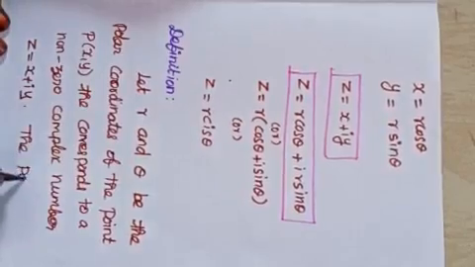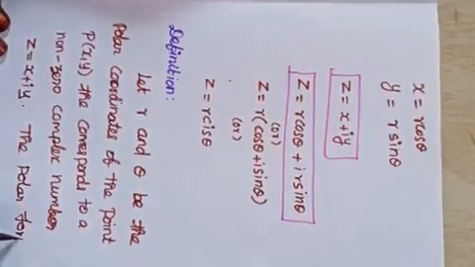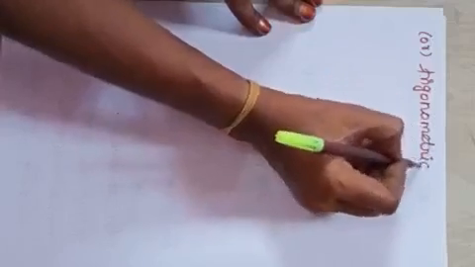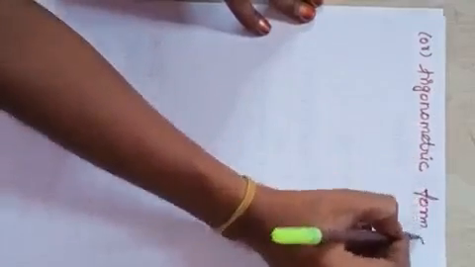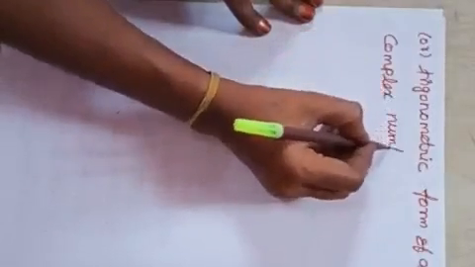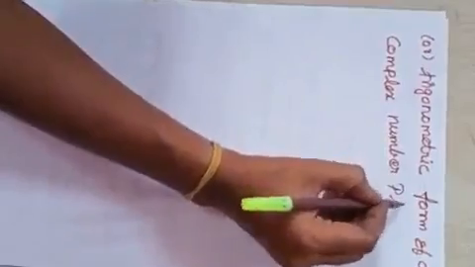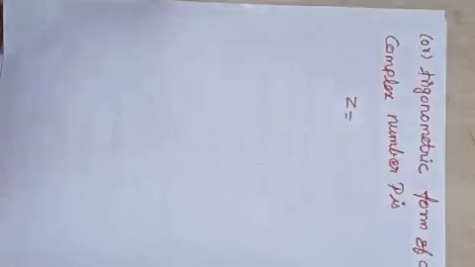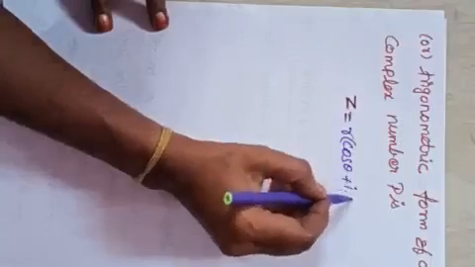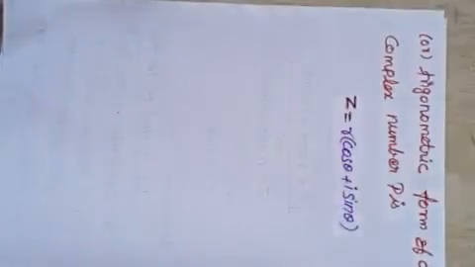Then the polar form or trigonometric form of a complex number is nothing but z is equal to r into cos theta plus i sin theta.